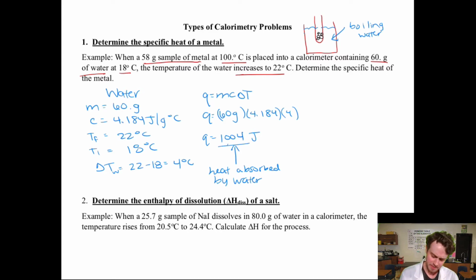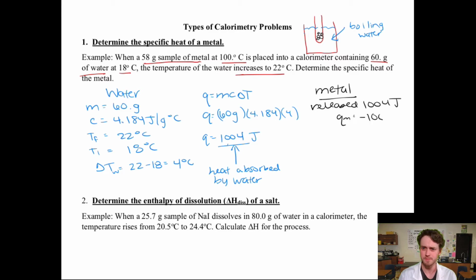So then I'm going to talk about the metal. Now what I know is that if the water absorbed 1,004 joules, then I know that the metal released 1,004 joules. So the Q of the metal is actually negative 1,004 joules.